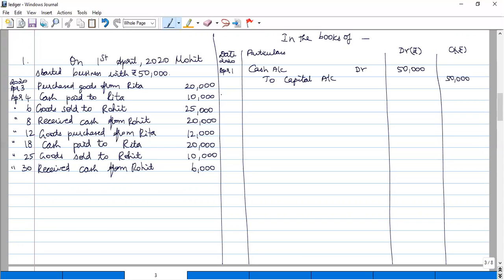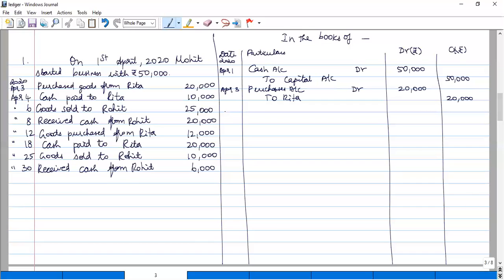Now we'll just see the transactions and their journal entry alone. On April 3rd, purchased goods from Rita. Rita is our creditor and we are doing purchases. So purchases account debit to Rita, amount 20,000.